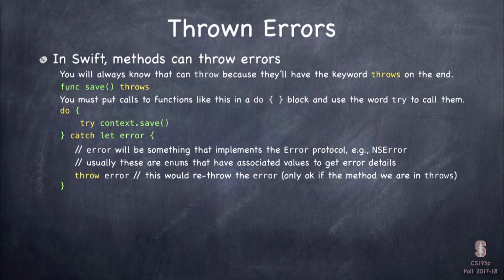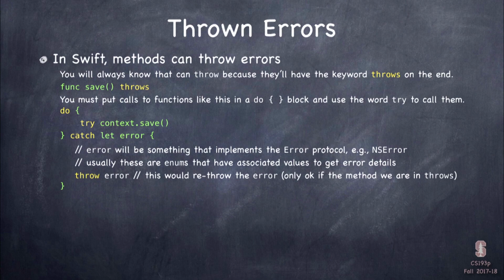Now, in iOS, when errors get thrown at you, they're almost always going to be NSErrors. So an NSError is just a class. It implements the Error protocol, which is to say, it does nothing in particular. But NSError has a lot of nice methods and vars in it, like the error code, even a localized description of the error that you could present to a user, for example.